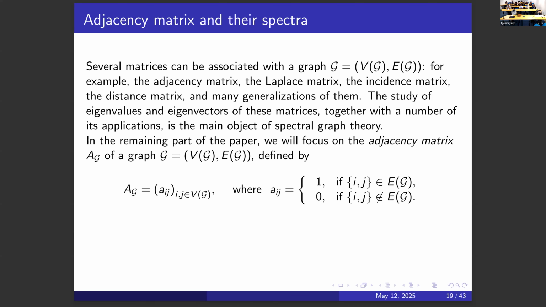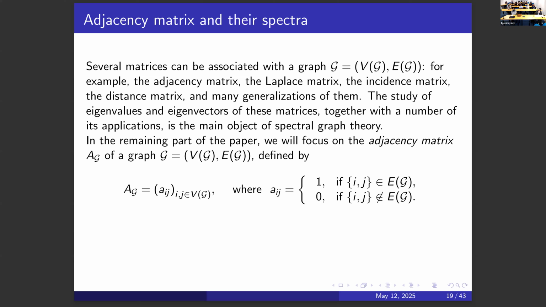So we will focus on the adjacency matrix. It's going to be n by n, where n is the number of vertices. You number each column using vertices and each row using vertices, and whenever you have an edge between vertices, you put 1, and if you don't have an edge, it's 0.